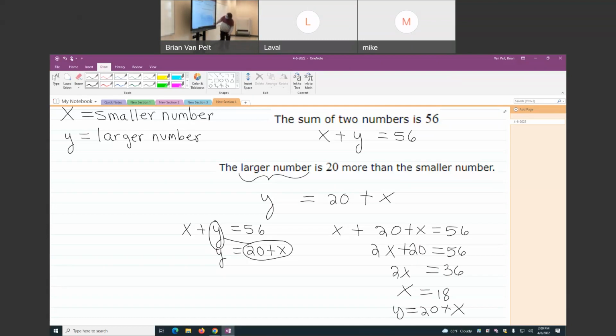Does that look like plus? Looks like some horrible x. But it's plus x. And if I replace the x with 18, I'll get y equals 38.